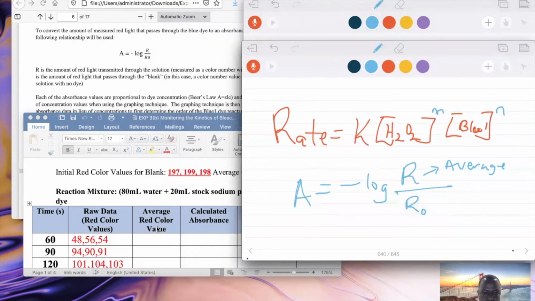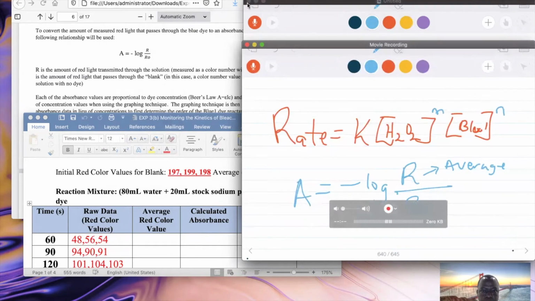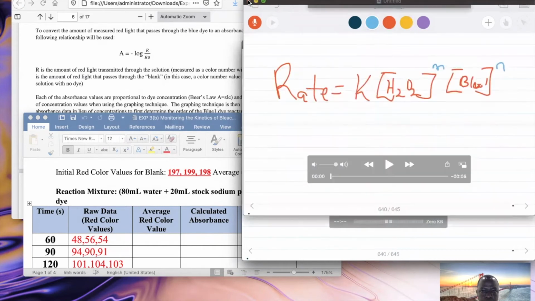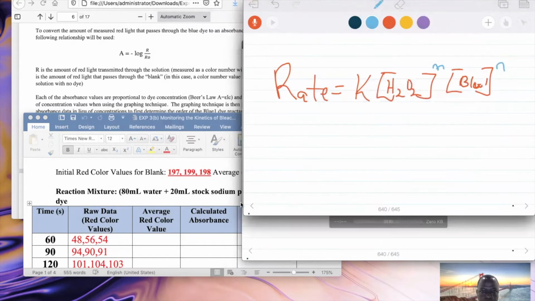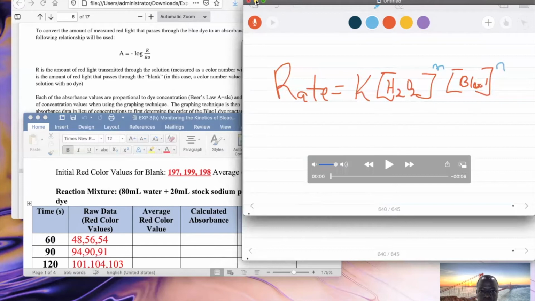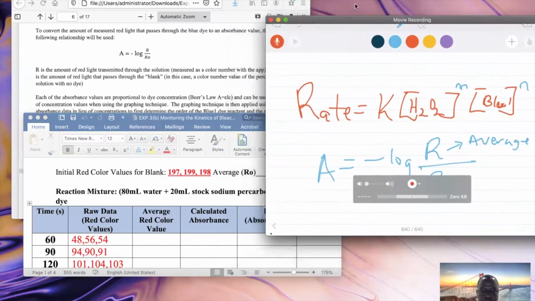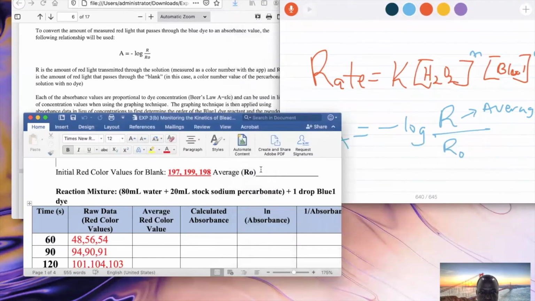R is the R value, and R naught will be the given value from the equation, from this value given here, to get the absorbance.